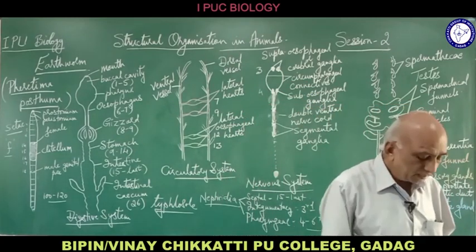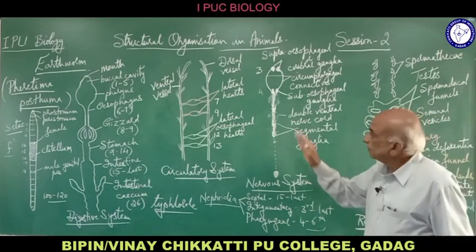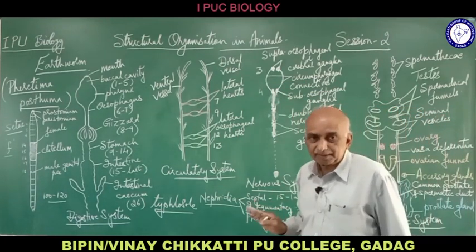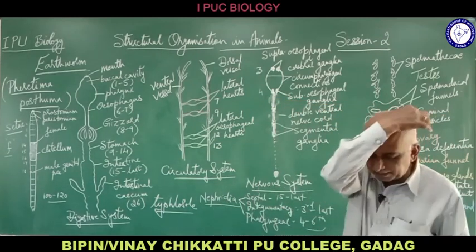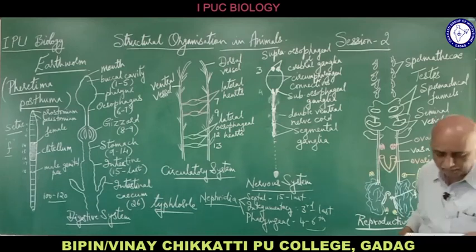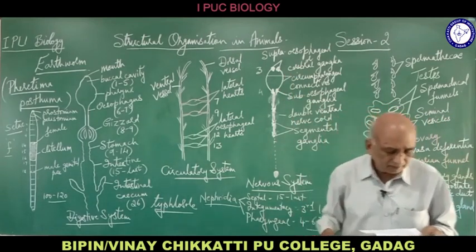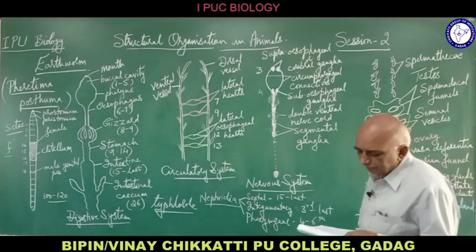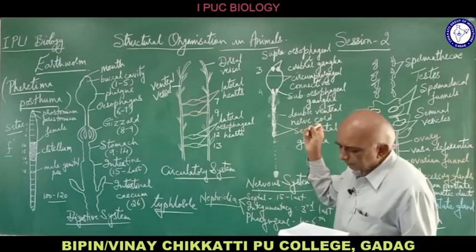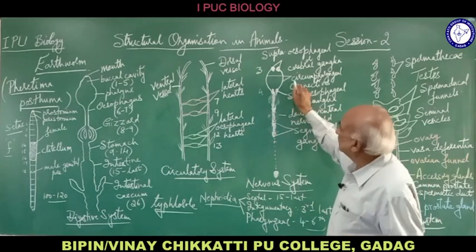The nerves which are arising from the central nervous system constitute the peripheral nervous system, just like in the human being we have mentioned. So the supraesophageal, the subesophageal and the segmental ganglia and the ventral nerve cord all constitute the central nervous system. For example here, from the brain, that means the supraesophageal ganglia, there are 8 to 10 pairs of nerves, and there are 2 pairs from the circumpharyngeal connectives.